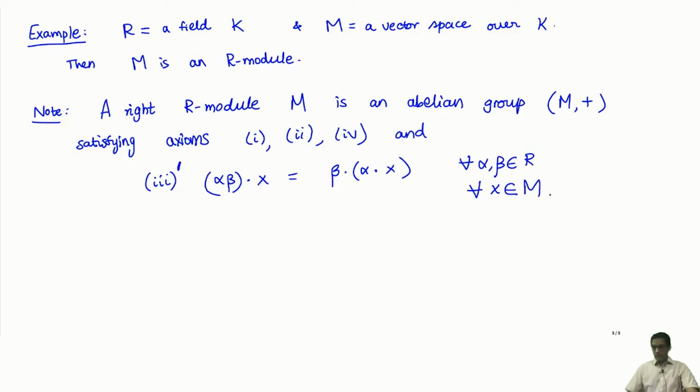This is what it means for a module to be a right module rather than a left module: the order of alpha and beta is interchanged. Now observe that if R is a commutative ring, then these two notions are really the same. If R is commutative, the notions of left and right modules coincide.